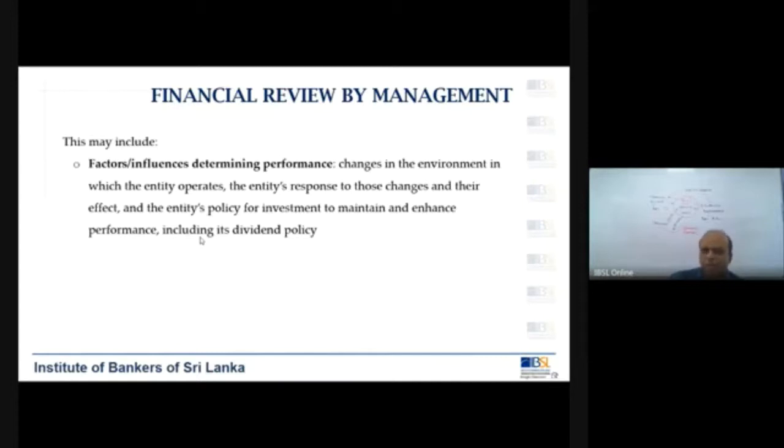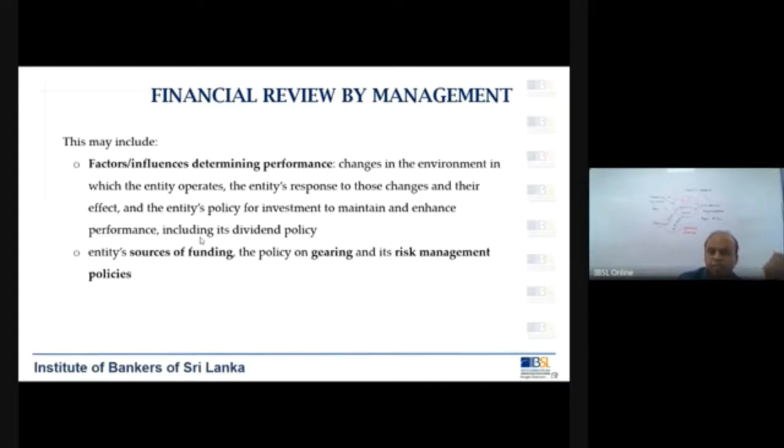Likewise, the companies will have to talk about the factors or influences that determine their performance. Secondly, their source of funding, or the policy on gearing and its risk management policy. These are very important terms.